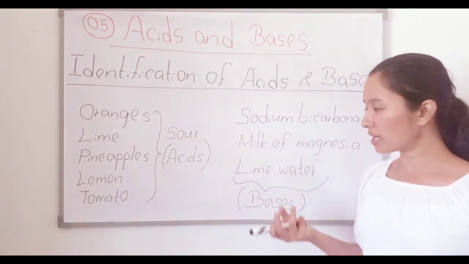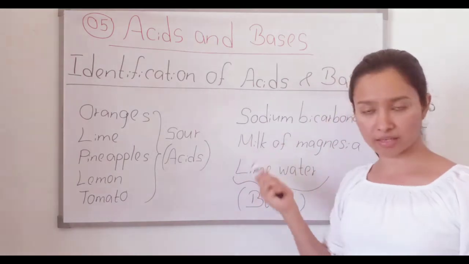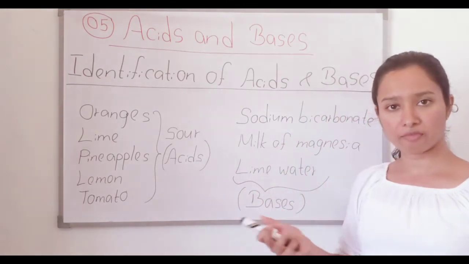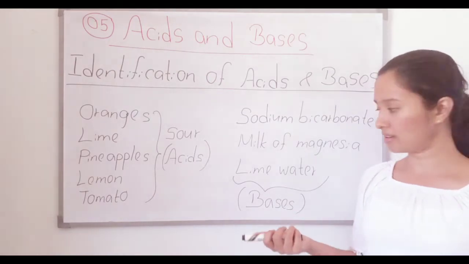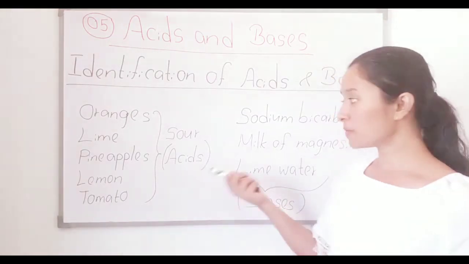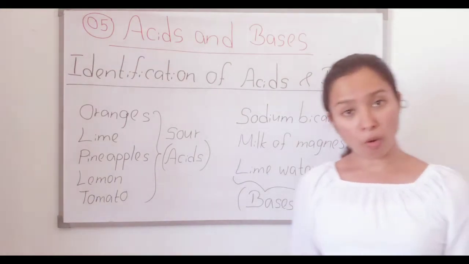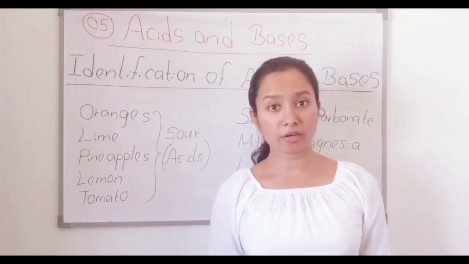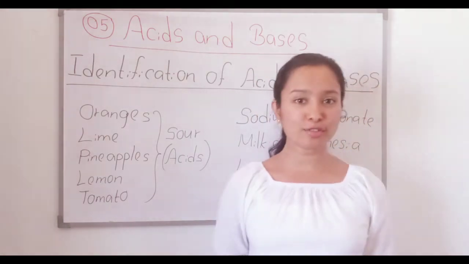Mostly these components are soapy in nature, slippery when we rub them. So we can identify those. In our home and our laboratory, there are different kinds of acids and bases, and you have to identify those.